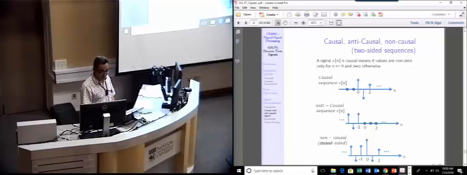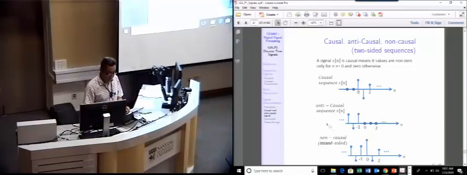If this is true and at negative values of n it is all 0, this sequence is called causal. What about the other way? If the values only exist from -1, -2 down to minus infinity, we call this anti-causal, which is the opposite of causal. It exists only at negative time. What happens if the sequence exists in both positive time and negative time? Then we call it non-causal.